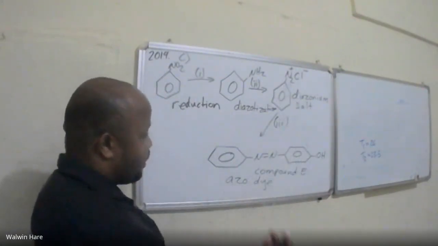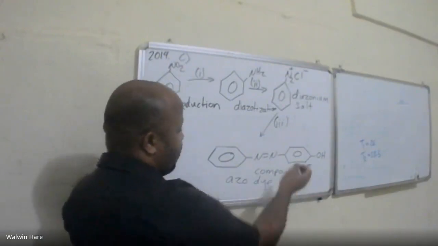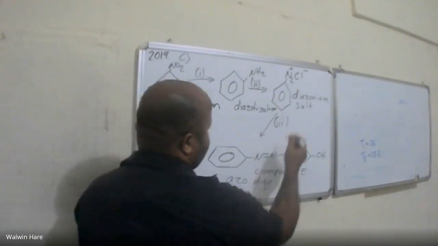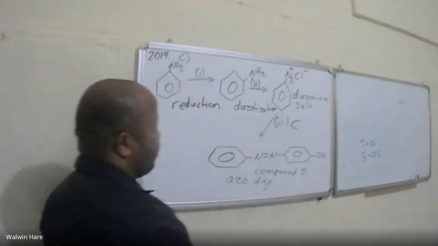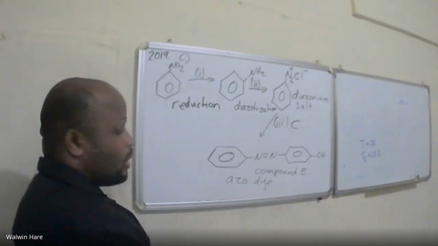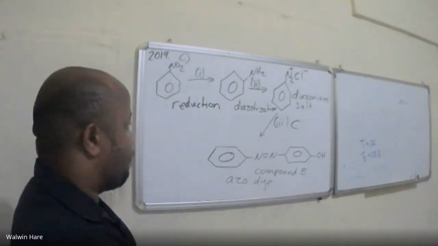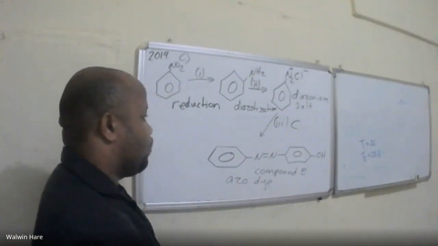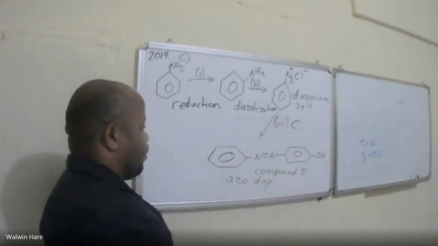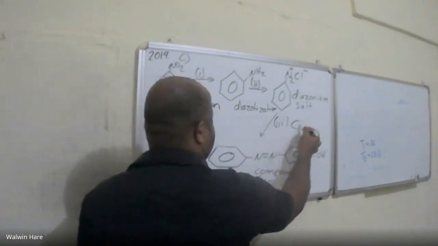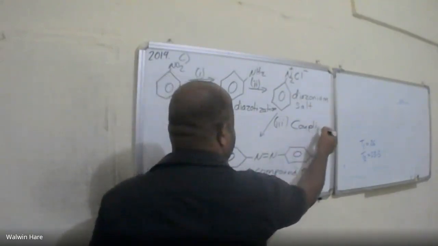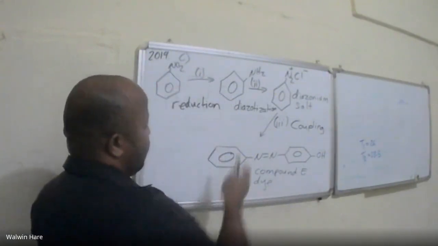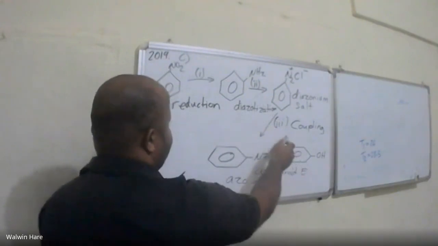So what is the name of this reaction where we combine phenol with the diazonium salt? It starts with C. Coupling. So first we have reduction, then diazotization, and then coupling.